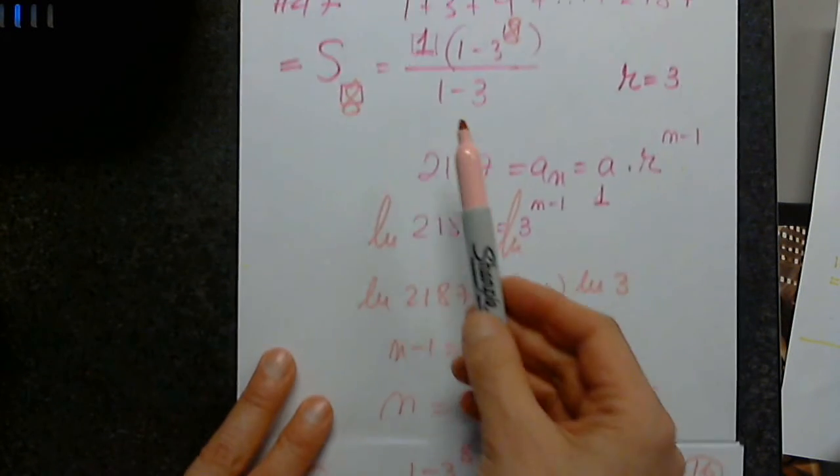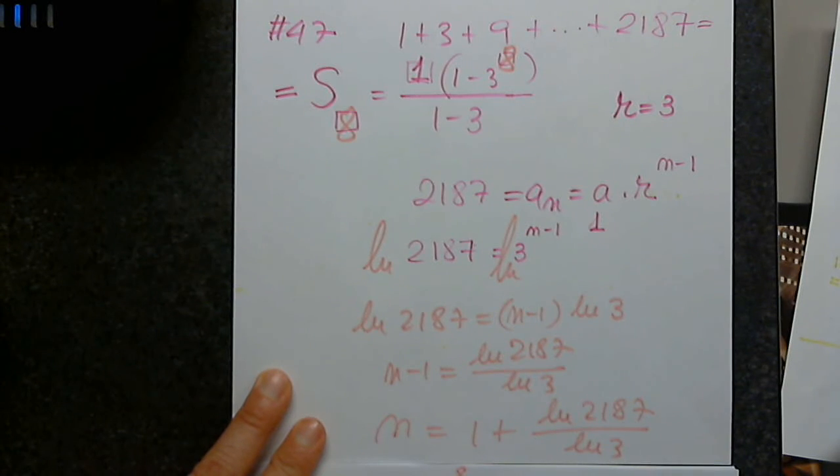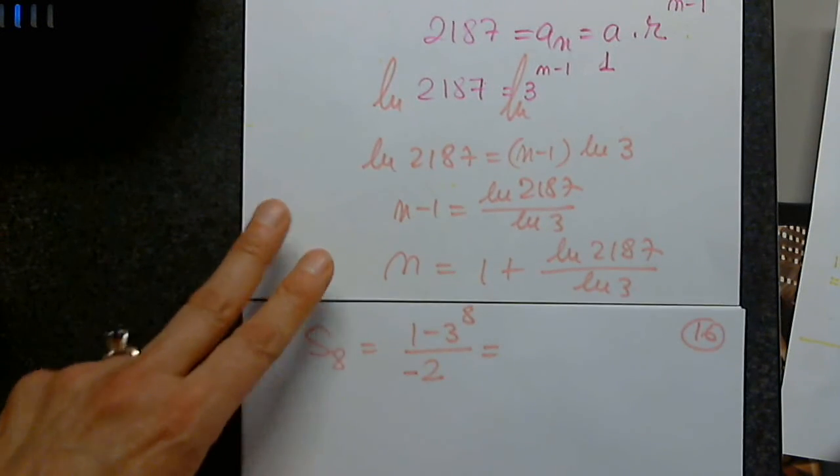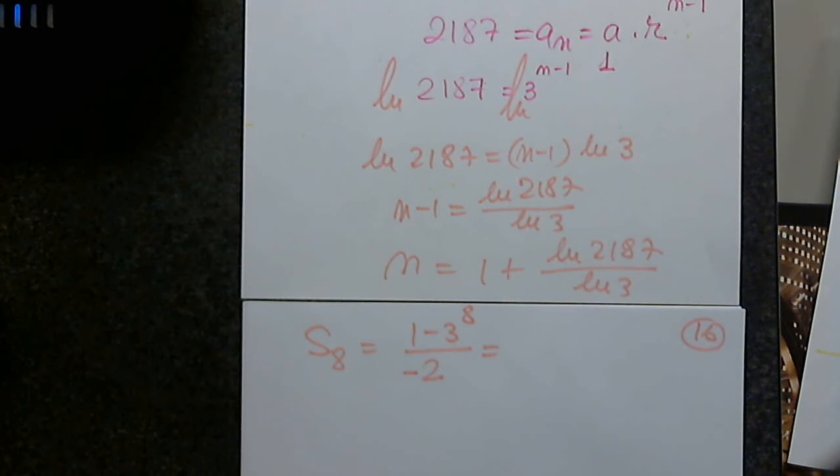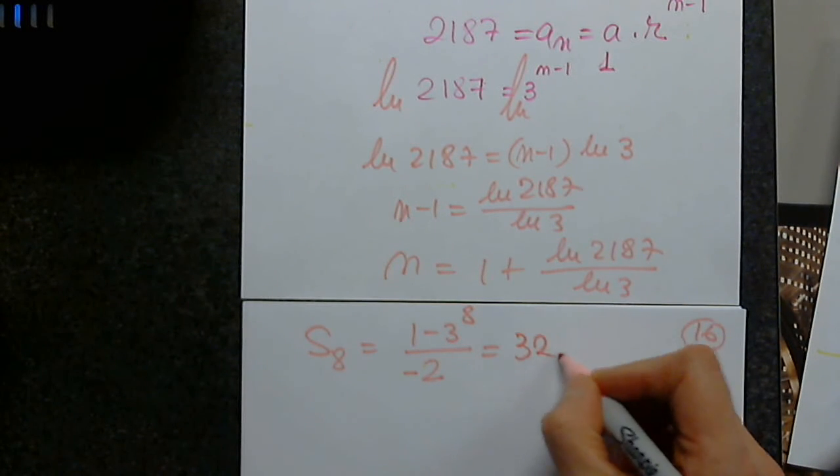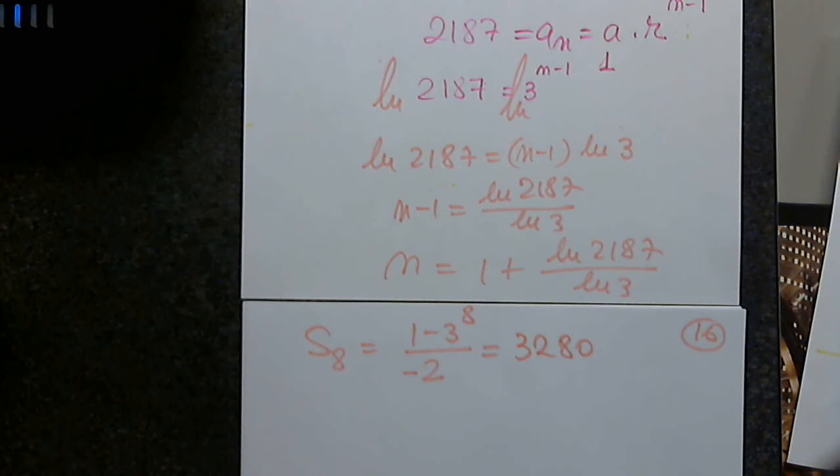Sorry. So it's 1 minus 3, which is not 2, but negative 2. Okay, so then we have 1 minus 3 raised to the 8th power, and divide this by -2, of course. 3280. 3280. So this was possible because we knew how to find the nth partial sum of a finite geometric sequence, and because it was geometric.